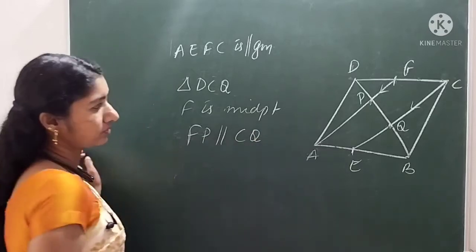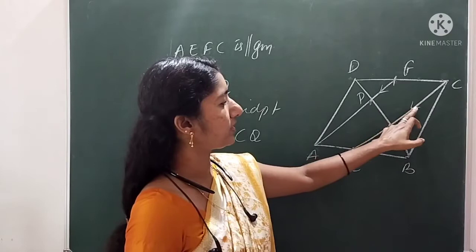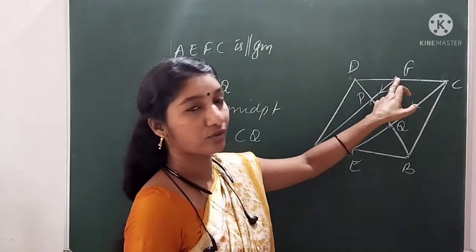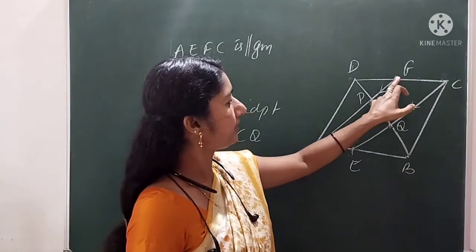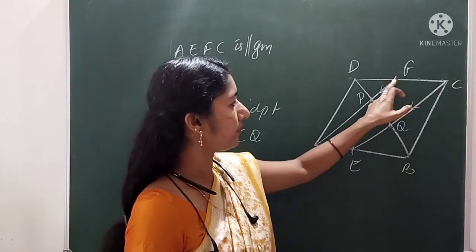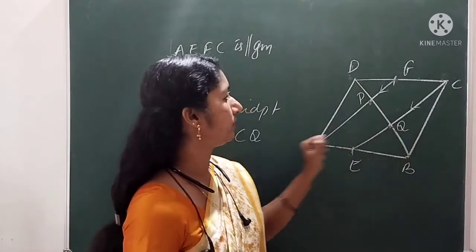So in a triangle, drawing a parallel line to one side of the triangle from the midpoint of another side, that line segment will pass through the midpoint of the third side, that is the third side DQ.